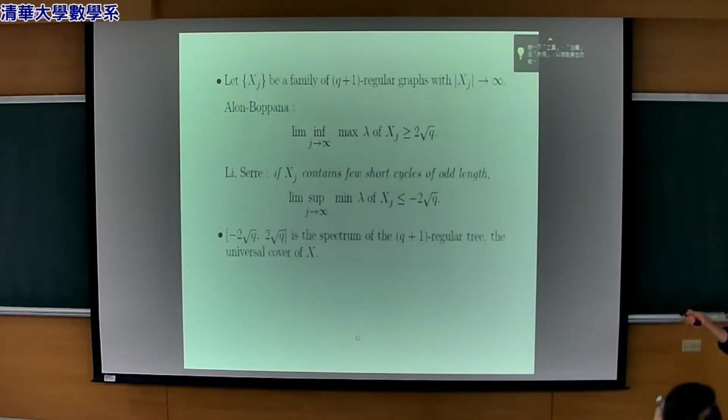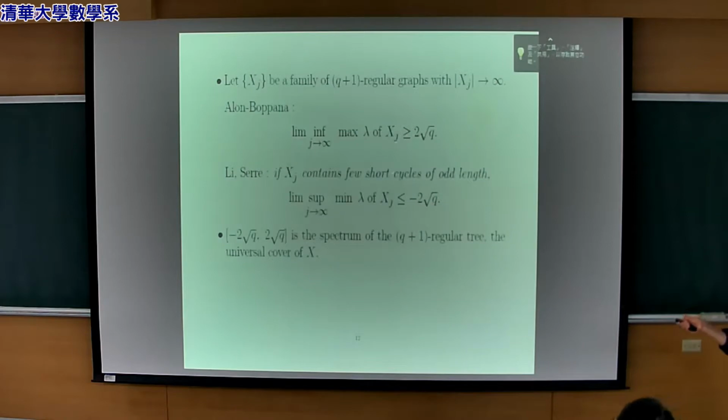So let's assume that we have a family of q plus 1 regular graphs with size going to infinity. It's a very well-known theorem of Alon–Boppana, which says that if we consider the largest non-trivial eigenvalue of this graph, lambda 2, as the size of the graph goes to infinity, the lim inf of lambda 2 is at least 2 root q. Here q is the valency minus 1.